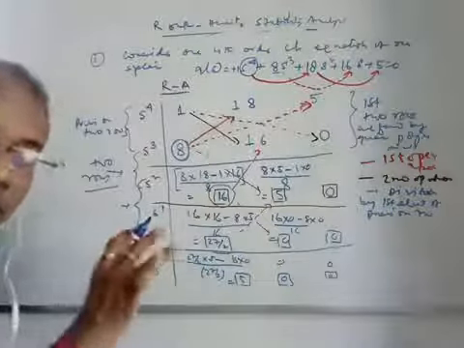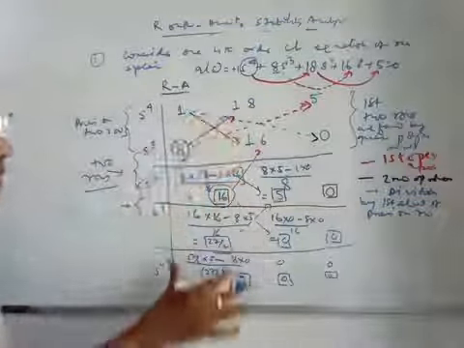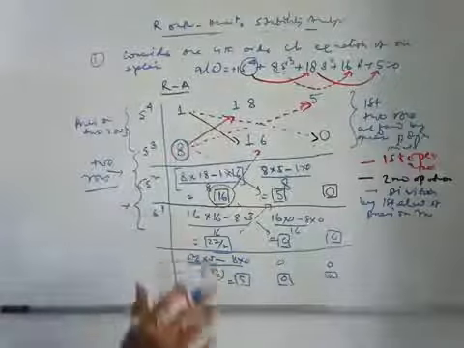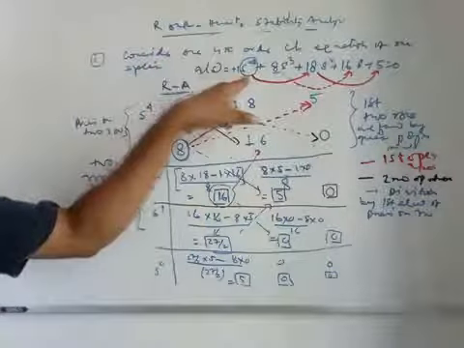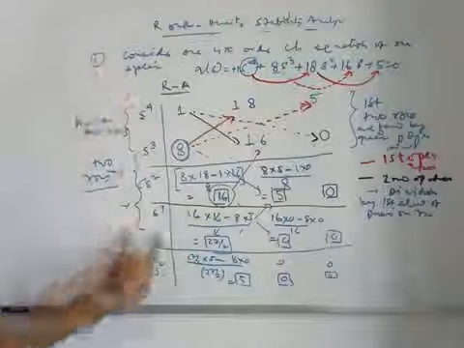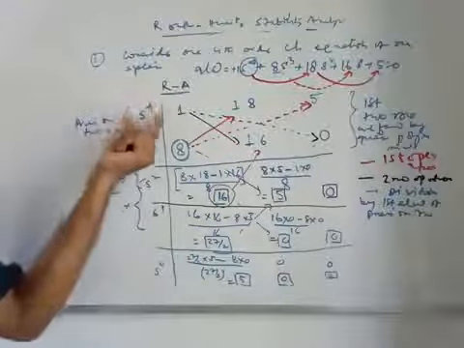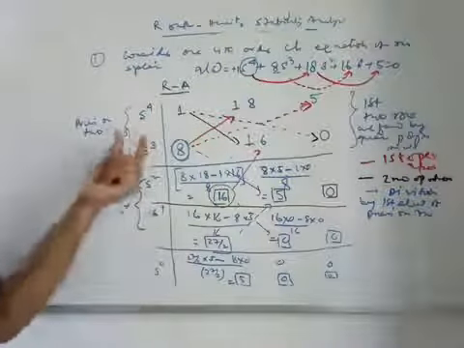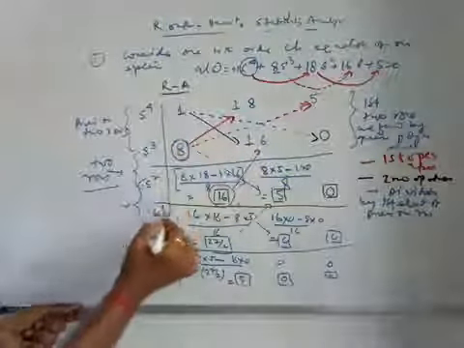So this is the way how you have to complete this Routh array. So let me summarize it. First of all, you have to write the coefficients of the polynomial from s to the power 4 to s to the power 0 row-wise, in one single column: s to the power 4, s to the power 3, s to the power 2, s to the power 1, s to the power 0.